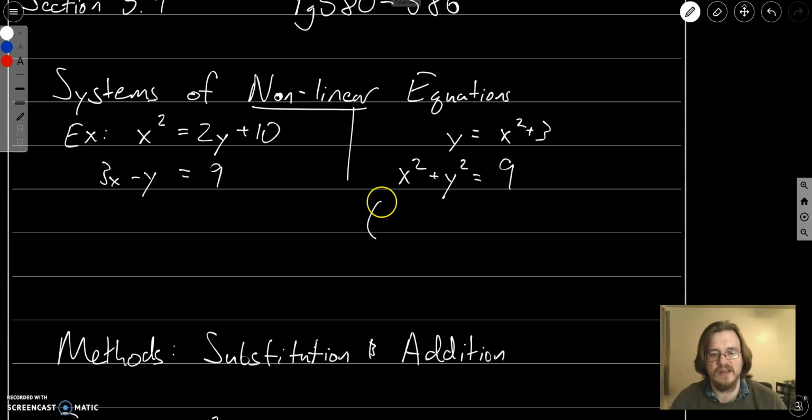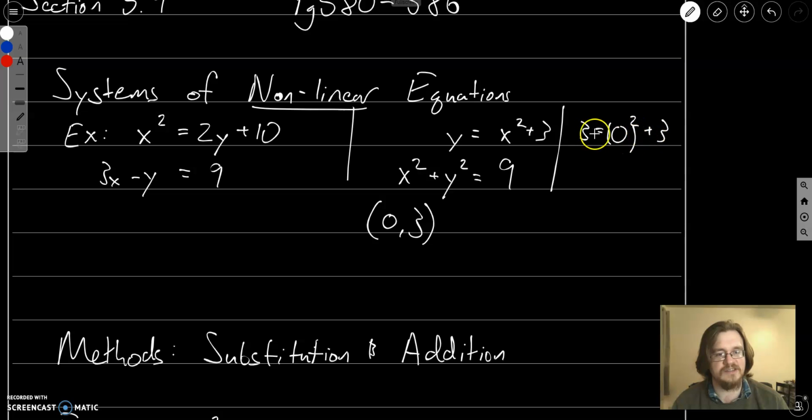So for instance, with this equation here, if we tried to plug in 0, 3, we would find that this is a solution. Why? If I plugged 0 in for x and 3 in for y into the top equation, I would get that 3 is equal to 0 squared plus 3, which is true because 3 is equal to 0 plus 3.